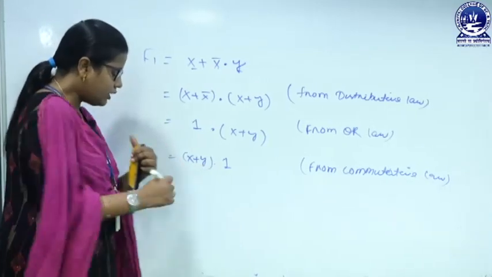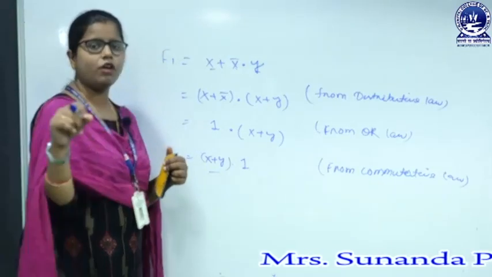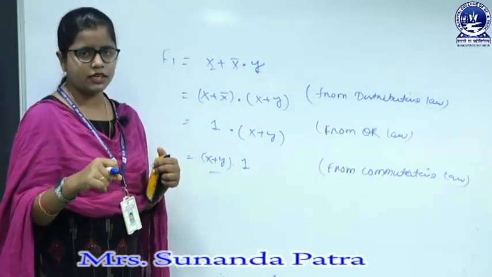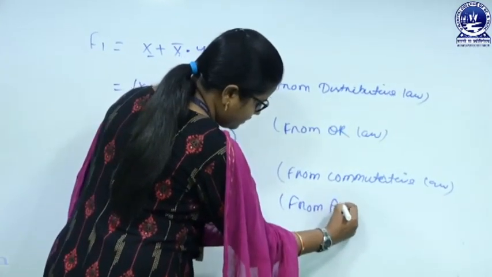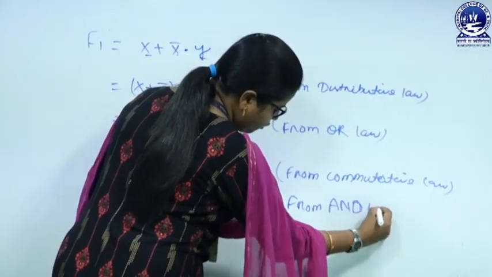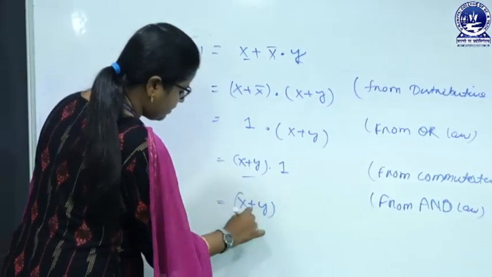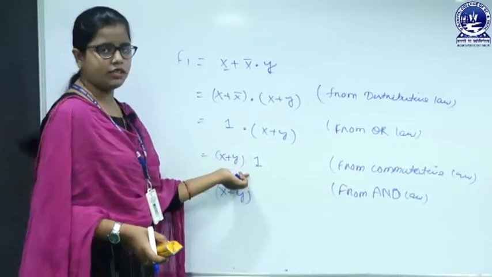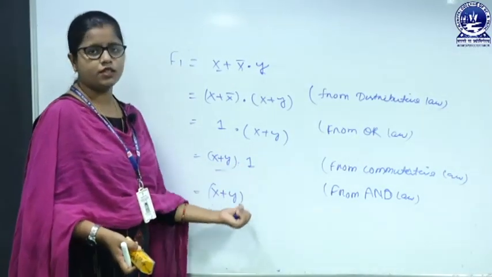Now this is something and 1. When something gets multiplied with 1, what will be the result? So from the AND law, we get it as x plus y, because it will depend on this. If it is 0, then the answer will be 0. If it is 1, the answer will be 1.